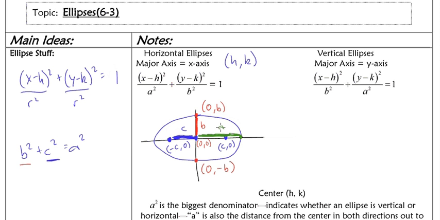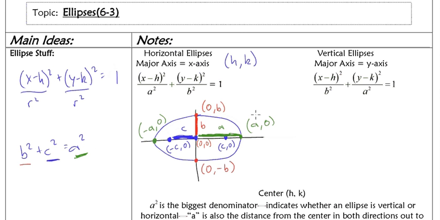That'll be our a value. It is at a, comma 0, and this one over here is at negative a, comma 0. And it will be whatever b squared plus c squared is. It'll be the square root of that total, what a is.